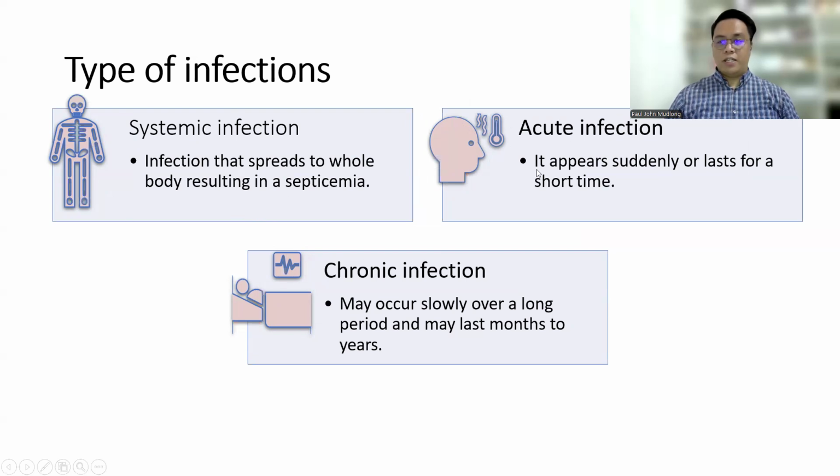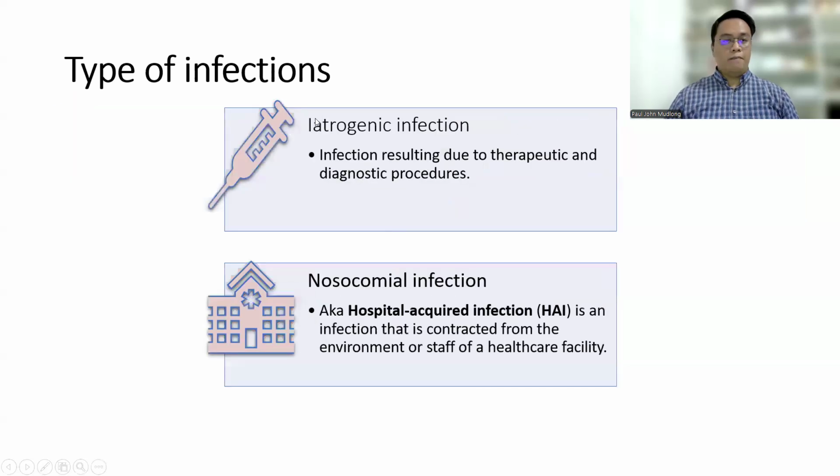Acute infection appears suddenly or lasts for a short time, and a chronic infection may occur slowly over a long period and may last for months to years. Okay. Iatrogenic infection is infection resulting from therapeutic and diagnostic procedures.